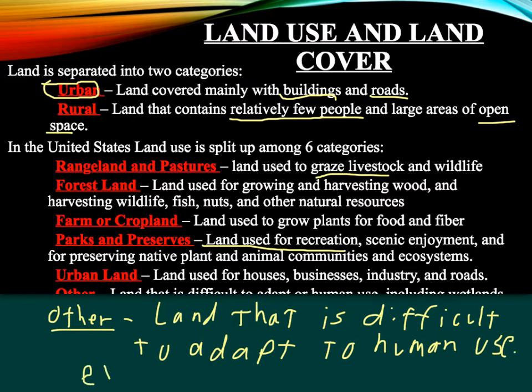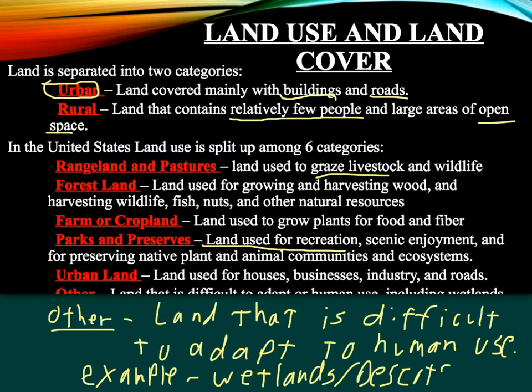And then there were some examples like wetlands, deserts, mountains. Those are tough areas, especially peaks of mountains and everything, that are harder for us to use. And that is under other.